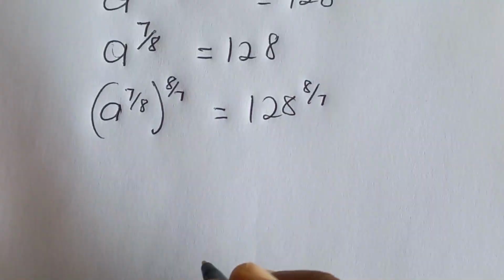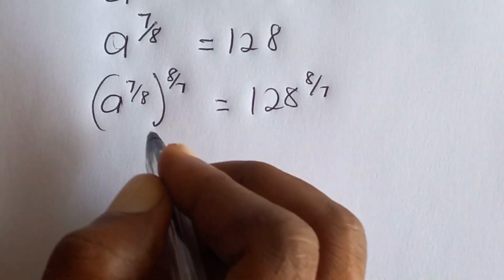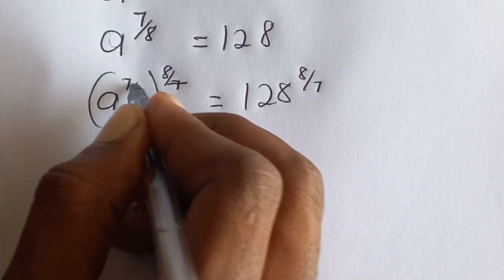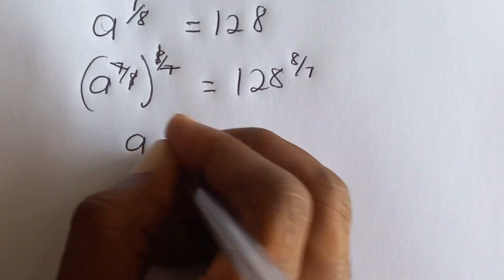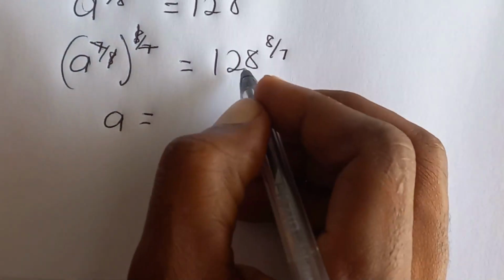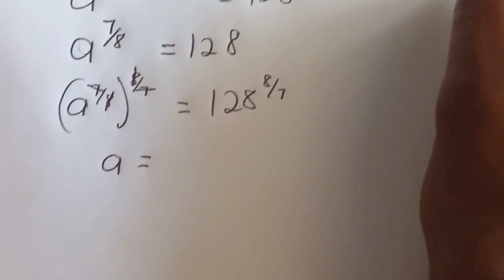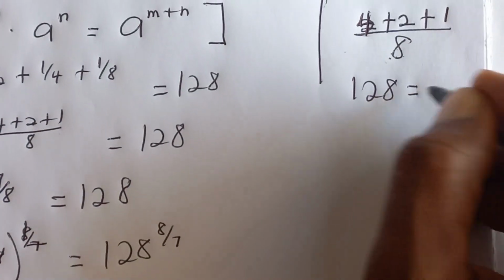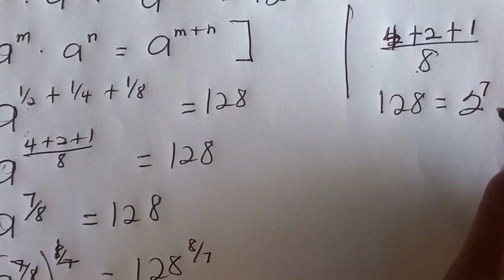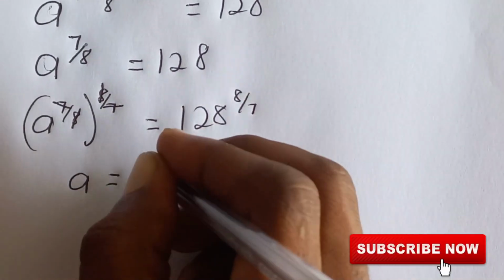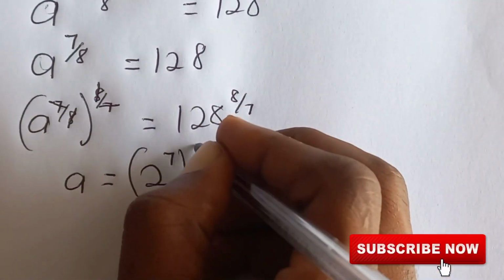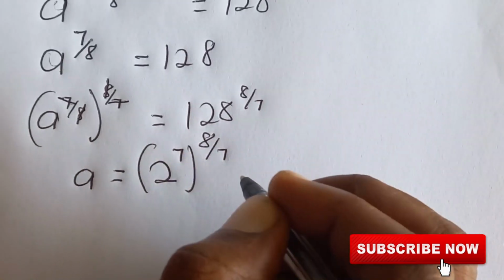In this case, you can see that the 7 is going to cancel this 7, and the 8 will cancel this, leaving A here. And 128 is the same as 2 exponent 7, so we get 2 exponent 7, bracket, 8 on 7.